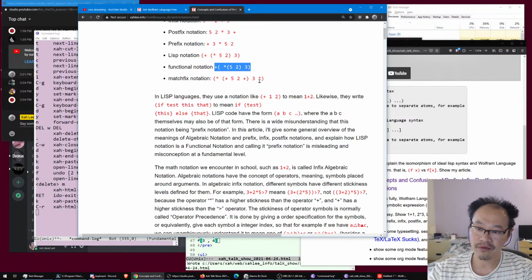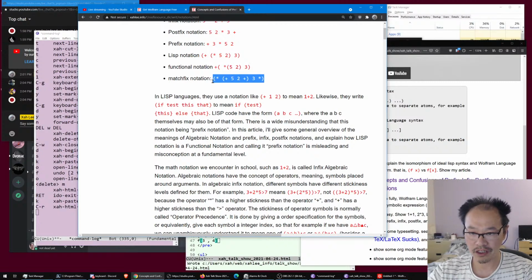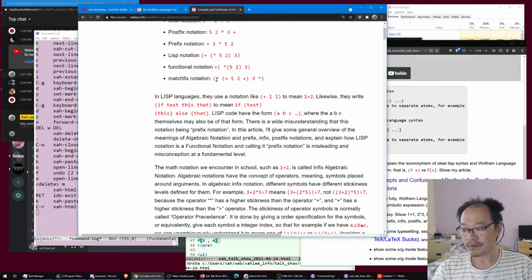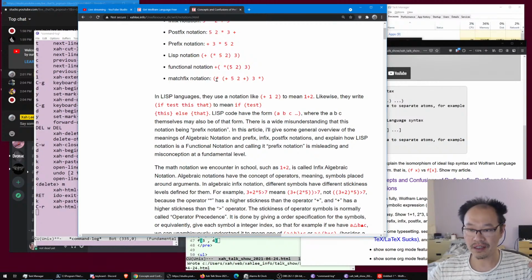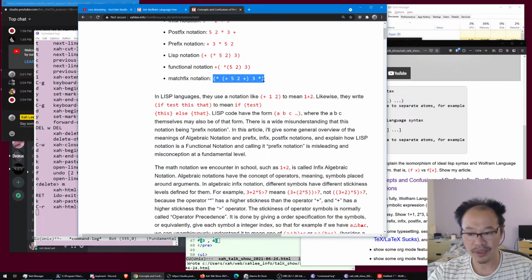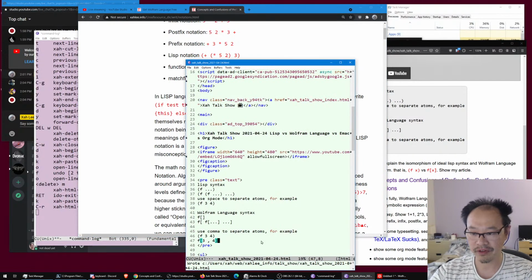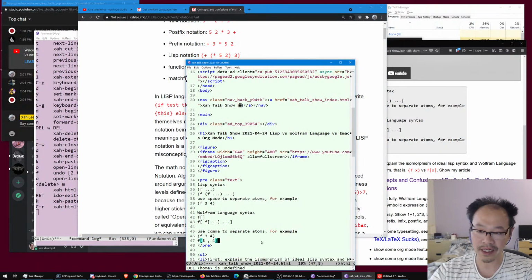Then you have the so-called matchfix notation. Now this is also very common. You essentially bracket everything together. You can see I have an example here, but most of you will probably be familiar with it in any language: Perl, Python, Ruby, C, Golang, C++, C#, Java, they all have that.